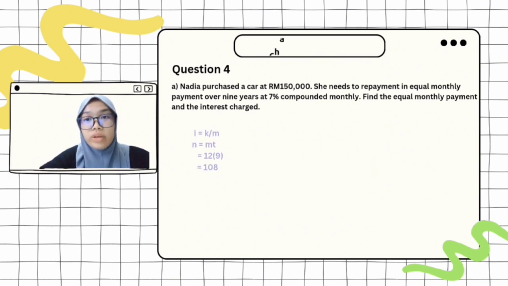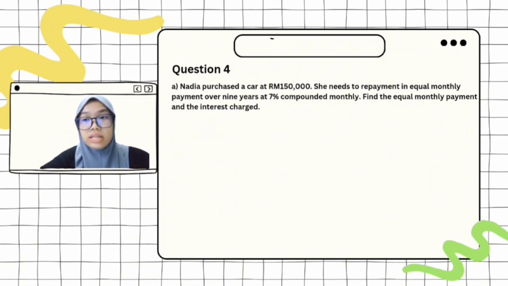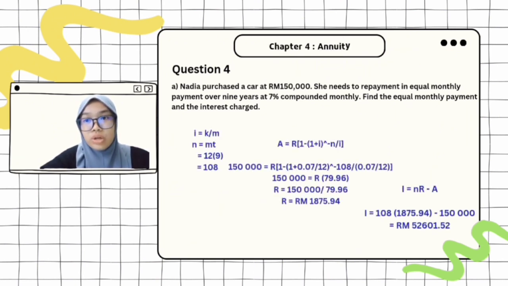When we calculate everything, we get 150,000 equals R multiplied by 79.70, and when we rearrange, R equals 150,000 over 79.70, which gives R equals 1,875.94.